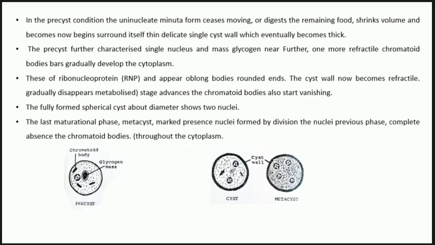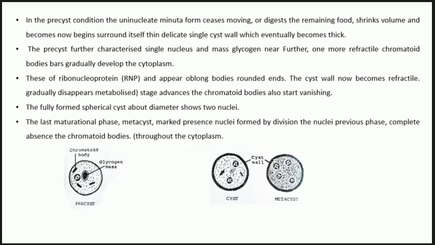Now the precyst is further characterized by a single nucleus, a mass of glycogen, and one or more refractile chromatoid bodies. See, a large glycogen mass, sometimes even larger than the nucleus, and chromatoid bodies gradually develop in the cytoplasm. Now these are ribonucleoprotein, remember, the chromatoid body. Ribonucleoprotein is also called RNP and appears as bars with rounded ends.